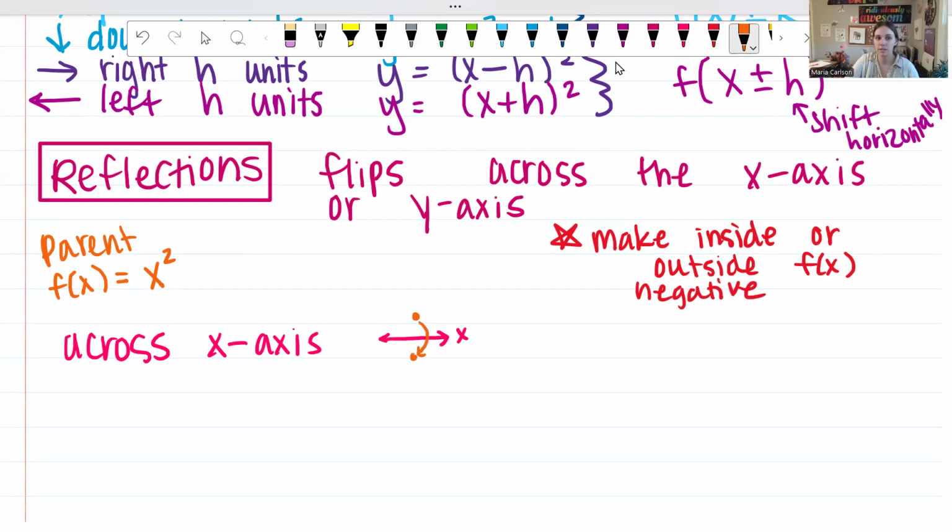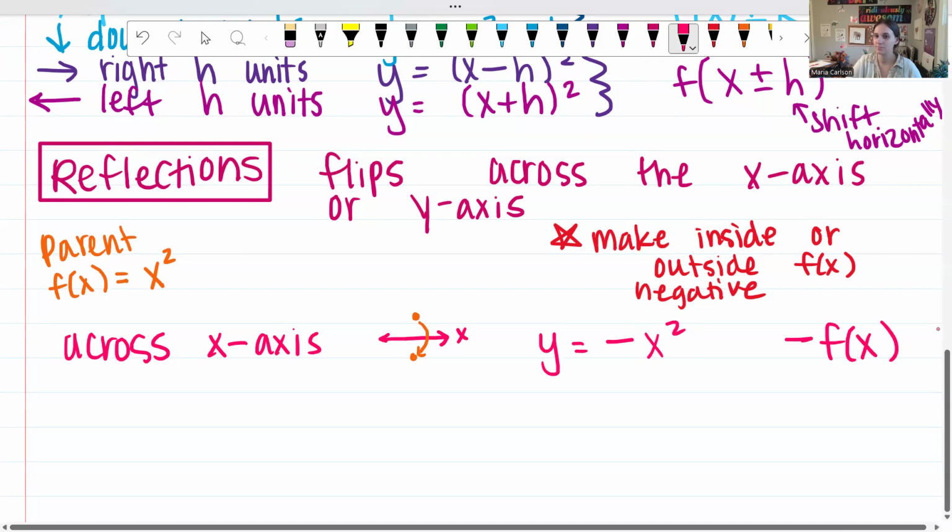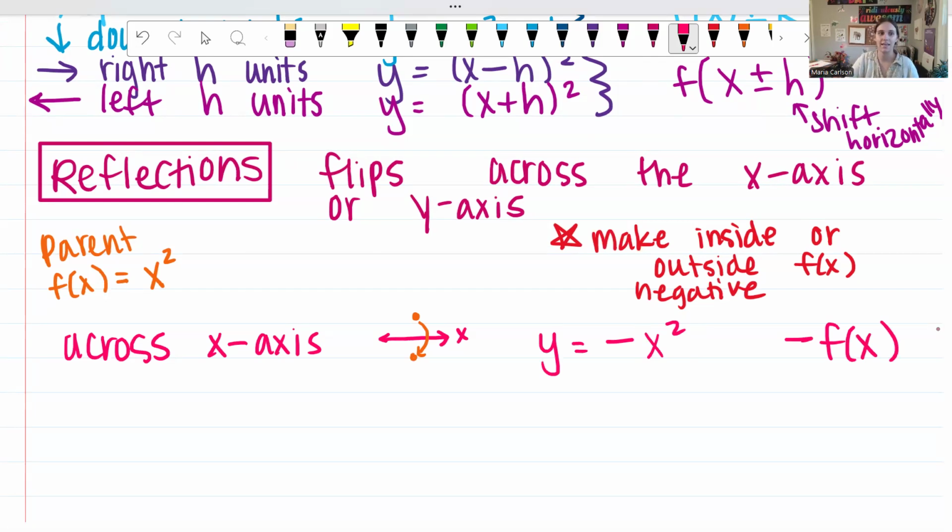So what we will do here, if we are affecting whether it's above or below the x-axis, we're actually changing the heights or the y values. So I'm going to make the outside of the function negative. So this would be y is equal to negative x squared, right? It's almost like this is in parentheses, but it doesn't need to be. So this is like negative f of x, essentially. Just taking the function, making it negative. If we are going to go across the y-axis, let's do this color.